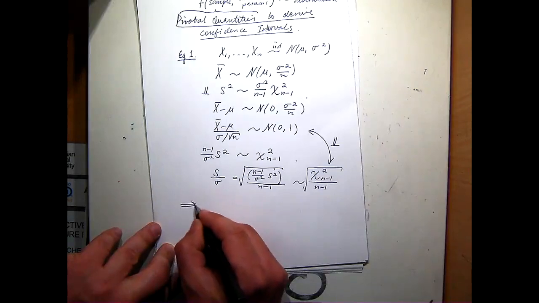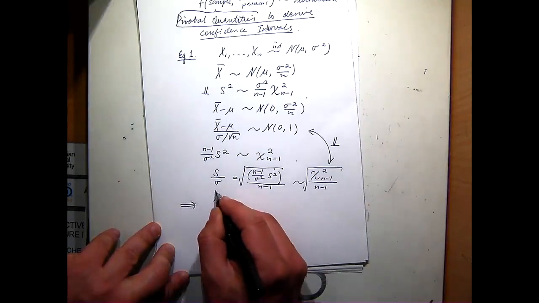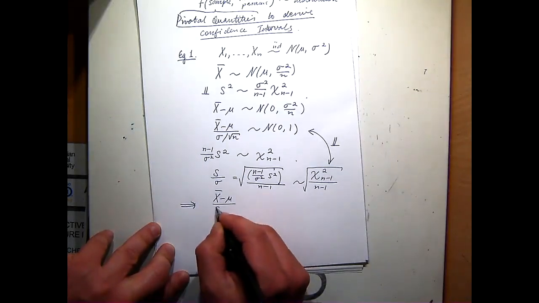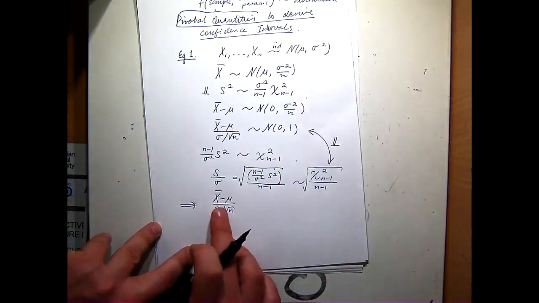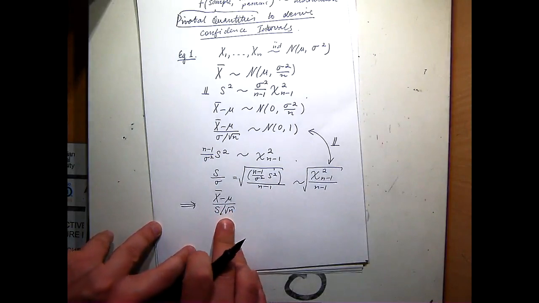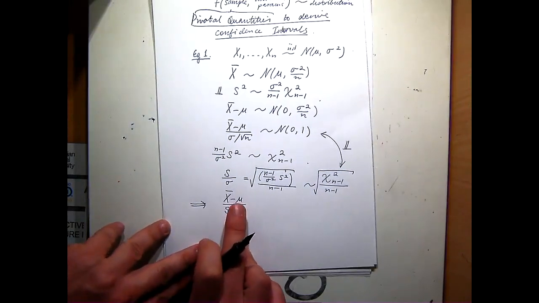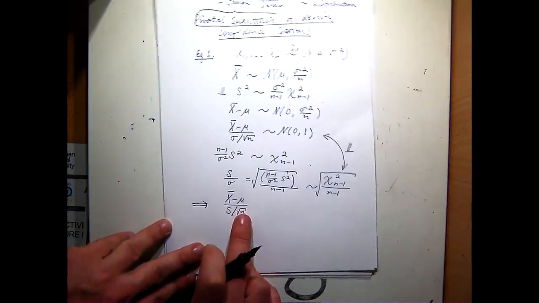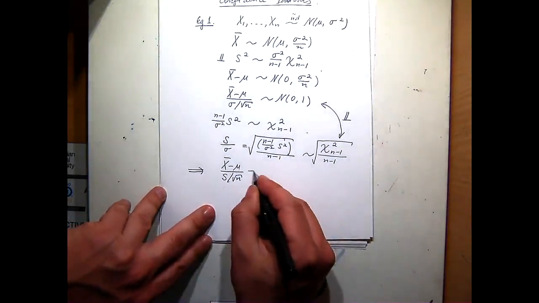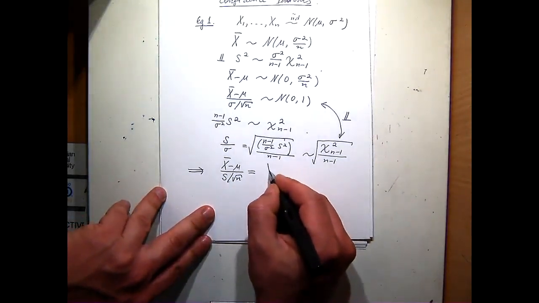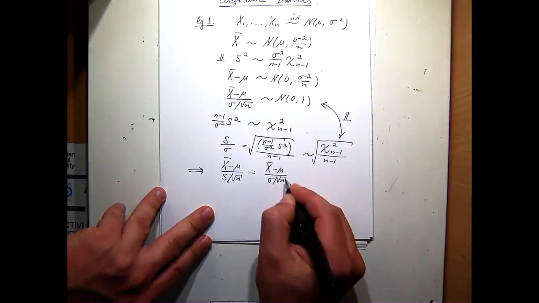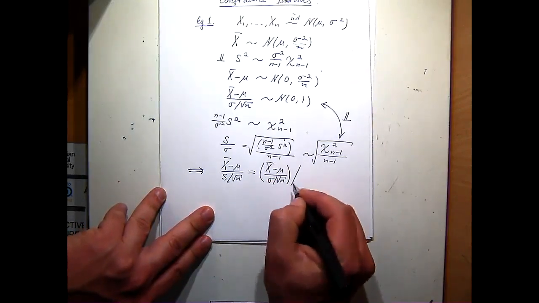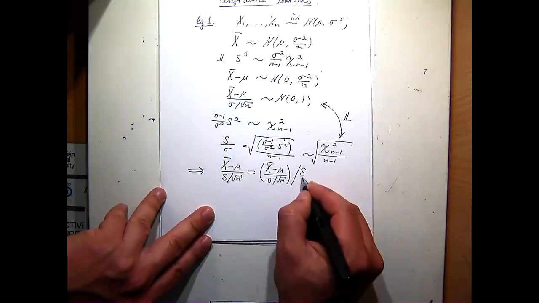Therefore, X bar minus mu over s over root n is what we're really after. This is a nice thing because everything in it is observable, or the n is known. The only thing that's not observable in here is the mean, so this is very useful for confidence intervals for the mean. By algebra, it's X bar minus mu divided by sigma over root n, the first thing we have, divided by the second thing we have, s over sigma.